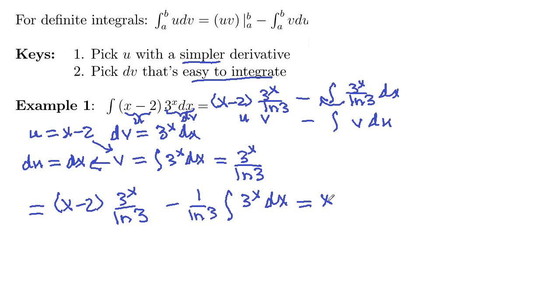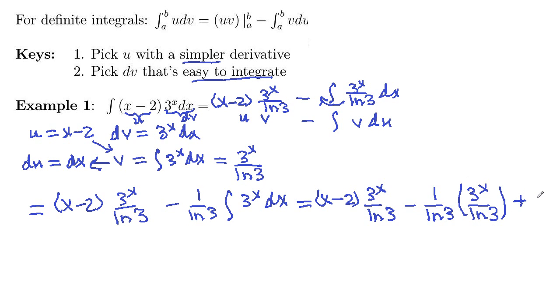So this will be x minus 2 times 3 to the x over ln 3, and then minus 1 over ln of 3 times the antiderivative, which is going to be 3 to the x, and then divide by log of the base again, so divide by ln 3, and now we will add our constant of integration, plus c.